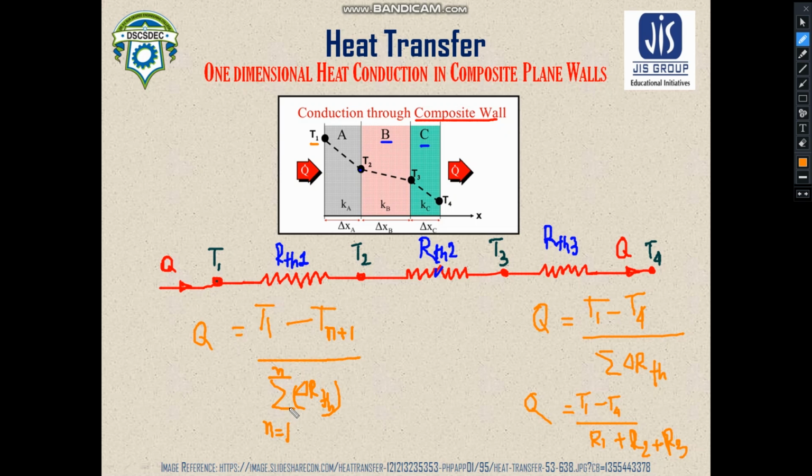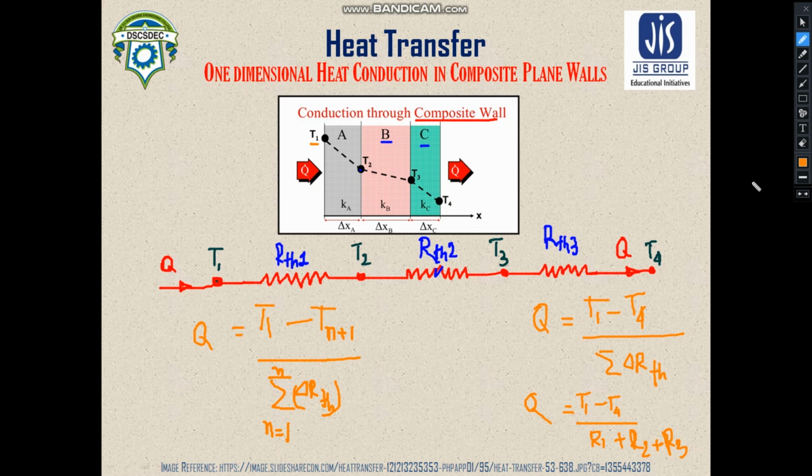I hope that now you can calculate the heat transfer for the composite wall surfaces. If you know the number of composite walls, then you can easily calculate the heat transfer rate. By the concept of these electrical circuits, you can derive the heat transfer rate for any kind of composite walls. With that, we'll end this discussion on the composite plane walls.